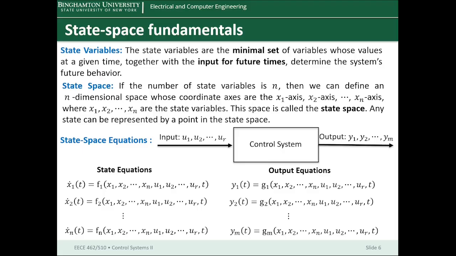And also, like state equations, it could be a function of time. For example, our first output variable can be written as y1 equal g1 of x1 to xn, u1 to ur, and t. And similarly for the other output variables.